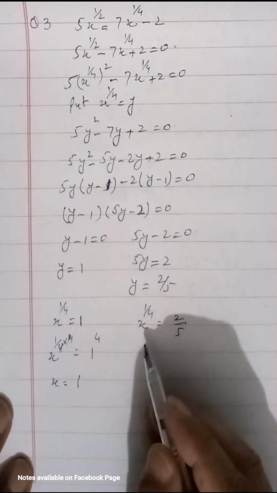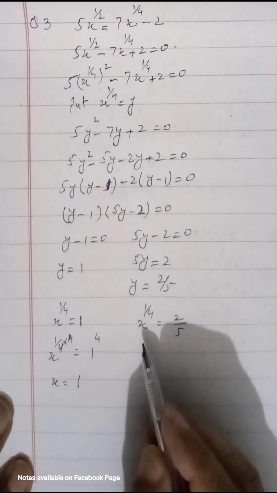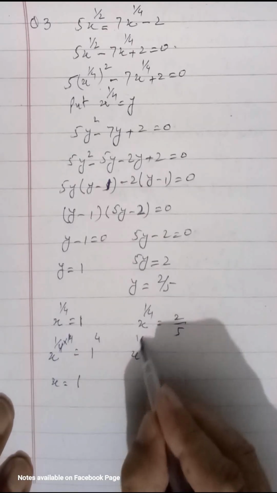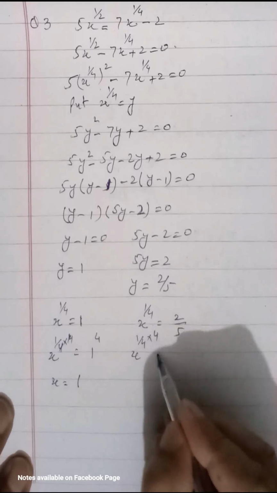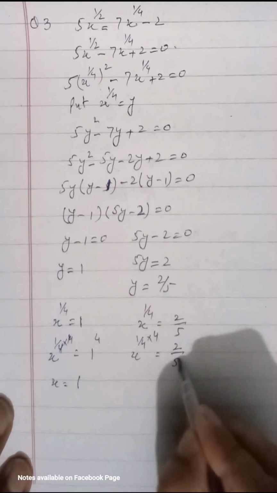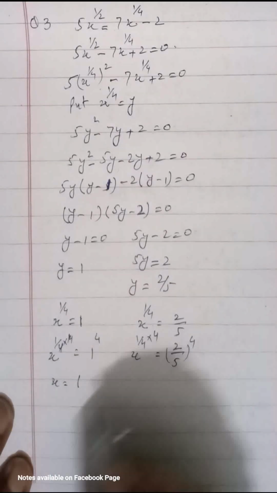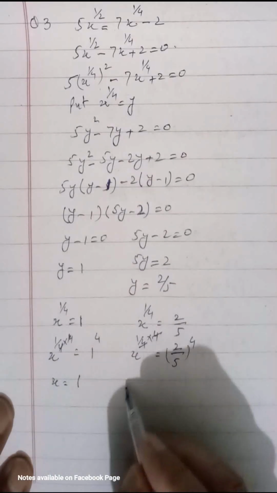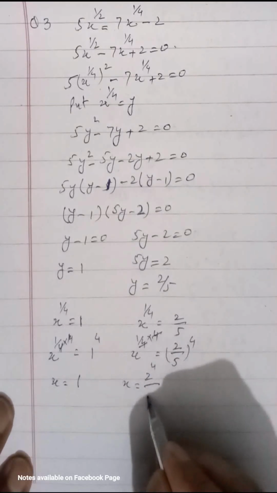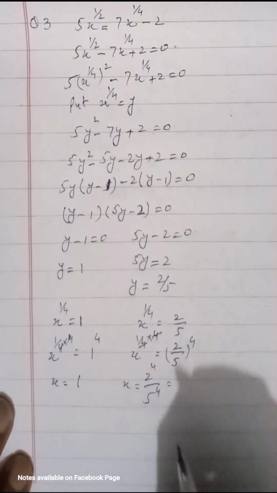Same situation, we multiply x power 1 over 4 with 4 on the left side and then on the right side, whole power 4. This is cancelled, we get x is equal to 2 power 4 over 5 power 4.